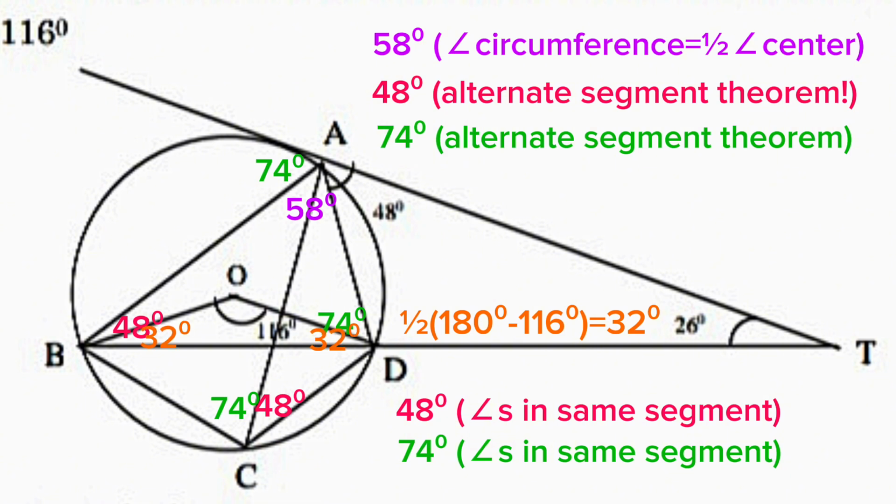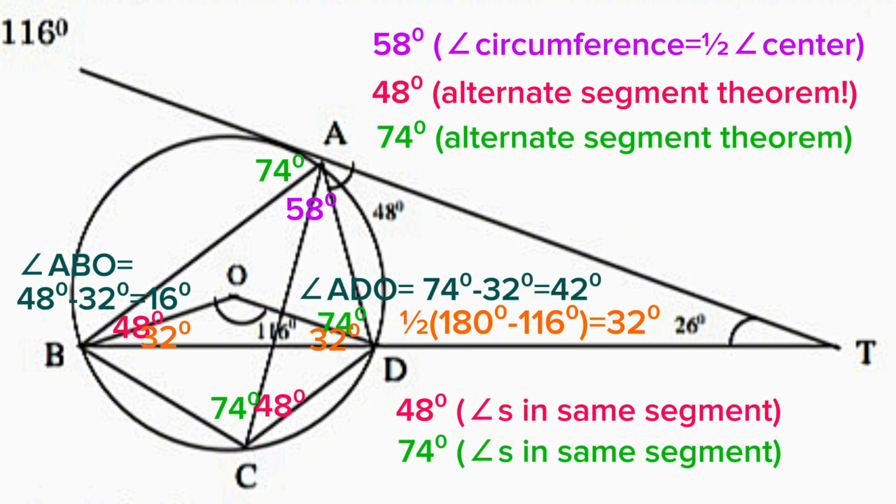Now we can calculate the size of angle ABO from 48 degrees minus 32 degrees equals 16 degrees. And we can calculate the size of angle ADO from 74 degrees minus 32 degrees equals 42 degrees.